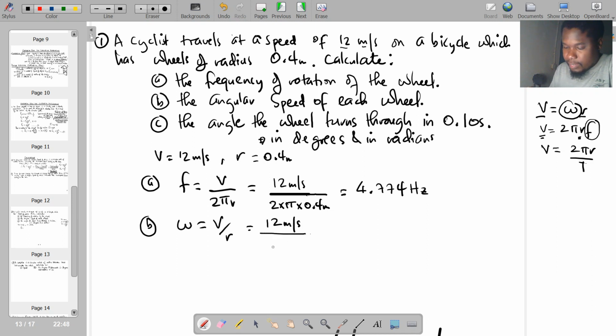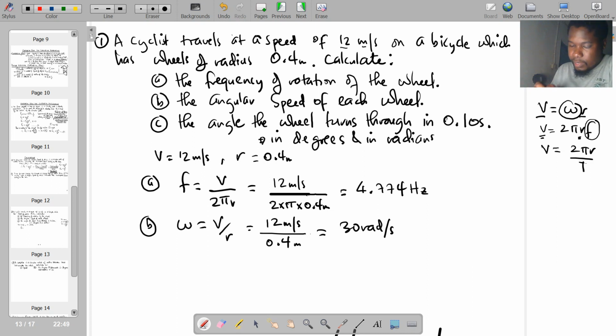Then we'll divide that by the radius, which is 0.4 meters. When we do the calculation here, it gives us 30 radians per second. Remember, angular speed or velocity is always in radians per second. So once you know that, you'll never go wrong.